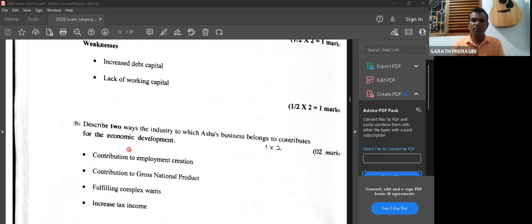But where economic development is concerned, definitely employment opportunities should be there. And then gross national product should be increased. And when the economy is developed, people should be able to satisfy their needs and wants. And when the economy develops, government revenue should be increased.